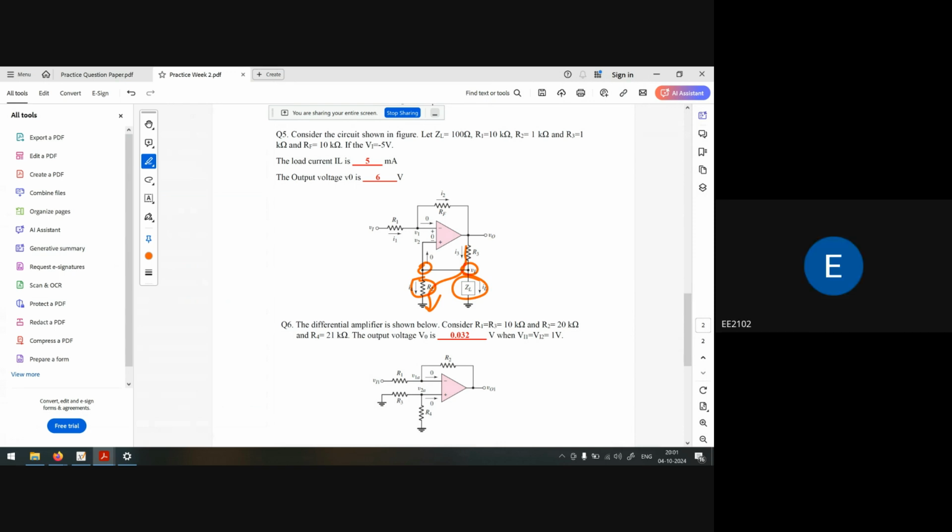Okay. But particularly the consideration is that my loop is not completed. Wait a minute. We have to calculate this V1 voltage. V1 is equal to V2. What is the value of V2 at this point?